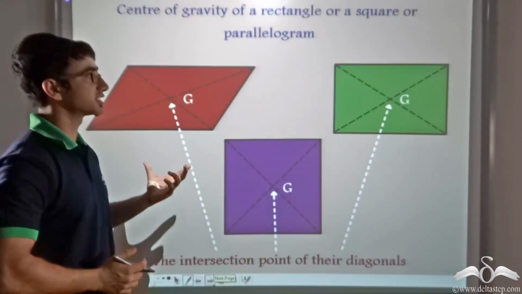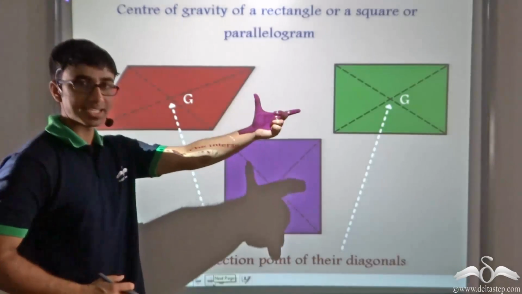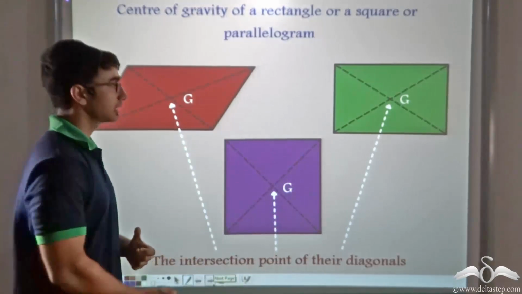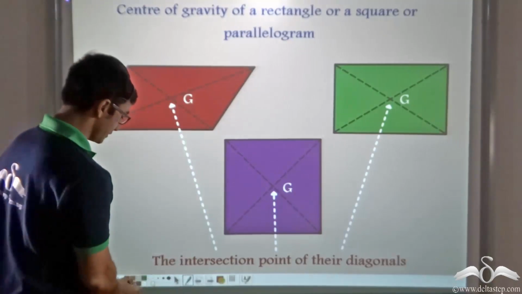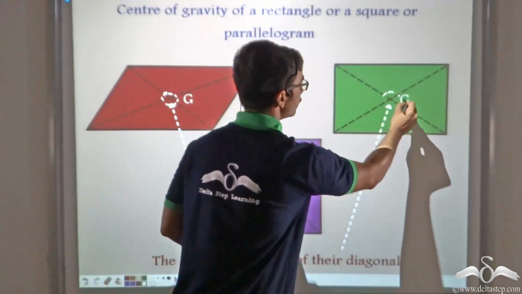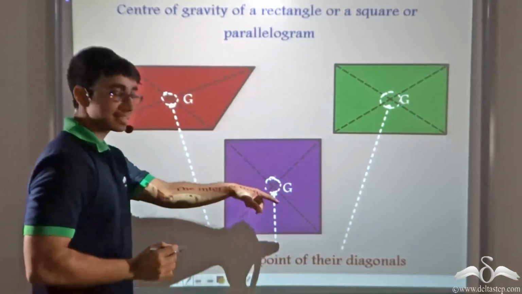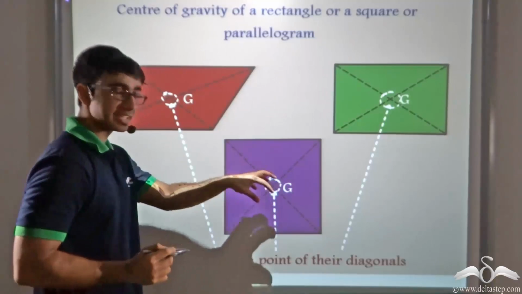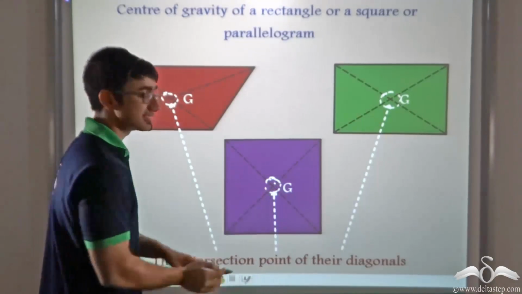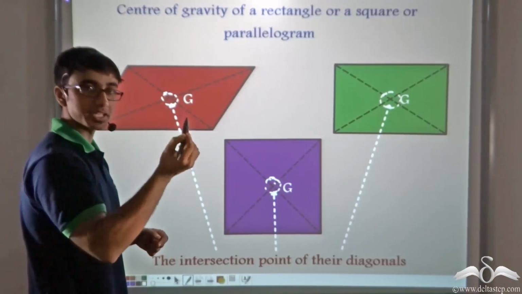Similarly, if we consider certain 2D objects like a parallelogram or a rectangle or a square, their centers of gravity will be at the intersection point of diagonals. So in all these cases you will find that at the point where both the diagonals intersect, that point is the center of gravity, and these objects can be balanced at that particular point.